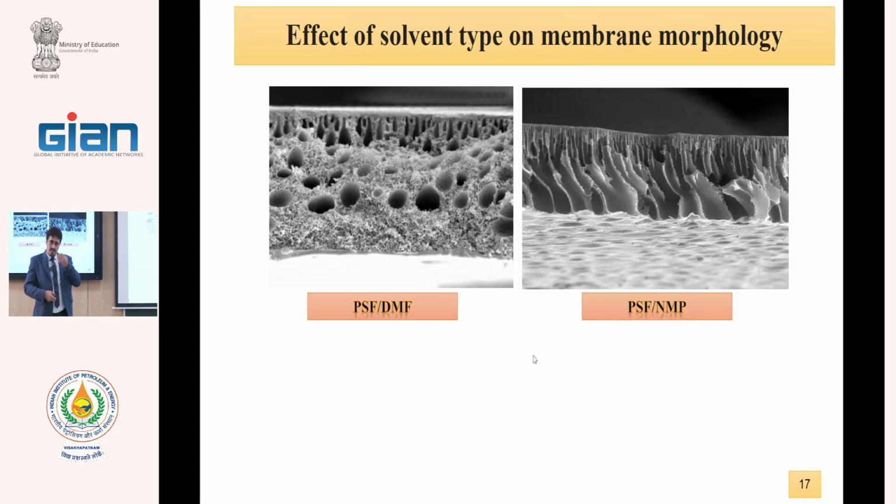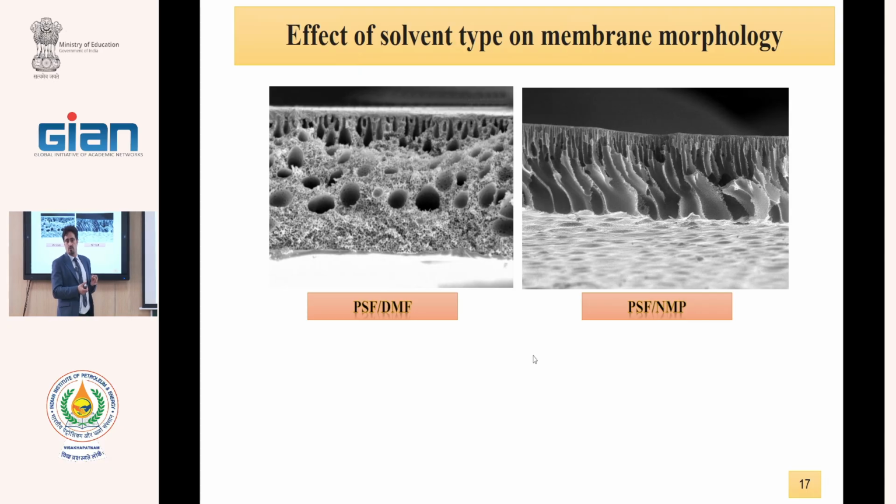Okay? As you see in this slide, every parameter is similar, only the solvent changed from dimethylformamide to N-methylpyrrolidone. With change of the solvent, the chemistry changes, the viscosity of the solution changes. For example, in DMSO solvent, we have very viscous solution.